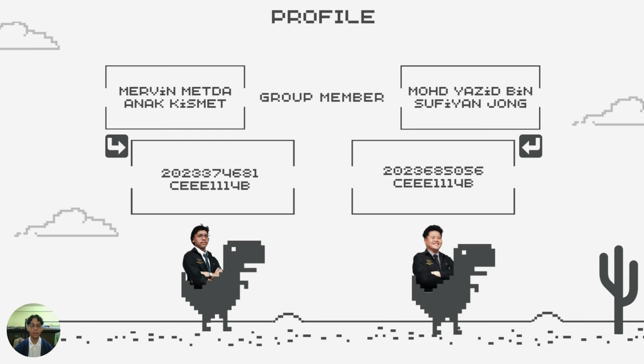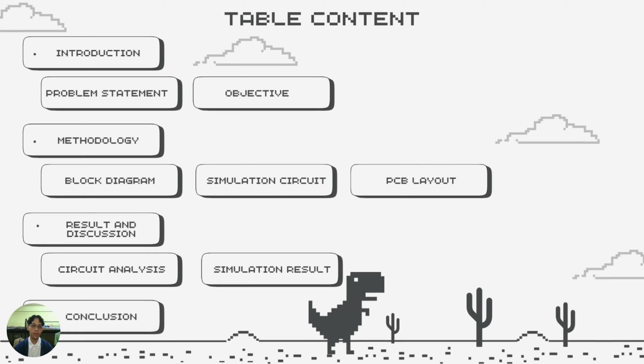Now, before we begin, here's a quick look at the table of content for our presentation. First, we'll start with the introduction, followed by the problem statement and the objective of the project. After that, we'll move into the methodology, where we explain the block diagram, simulation circuit, and PCB layout.